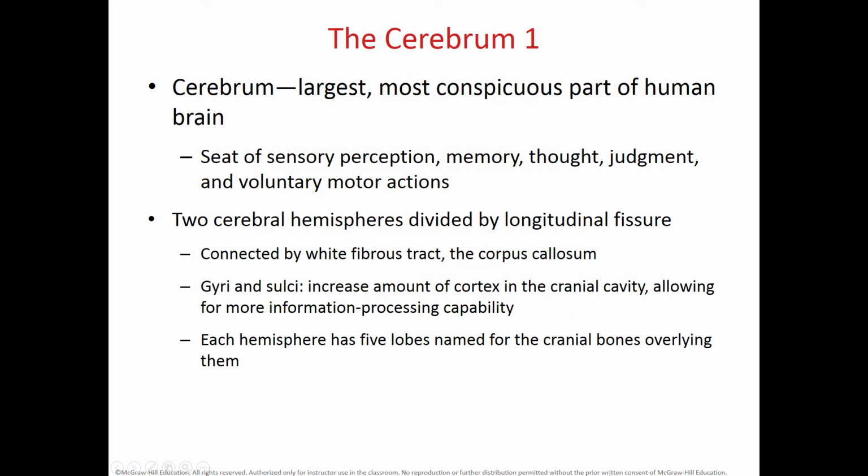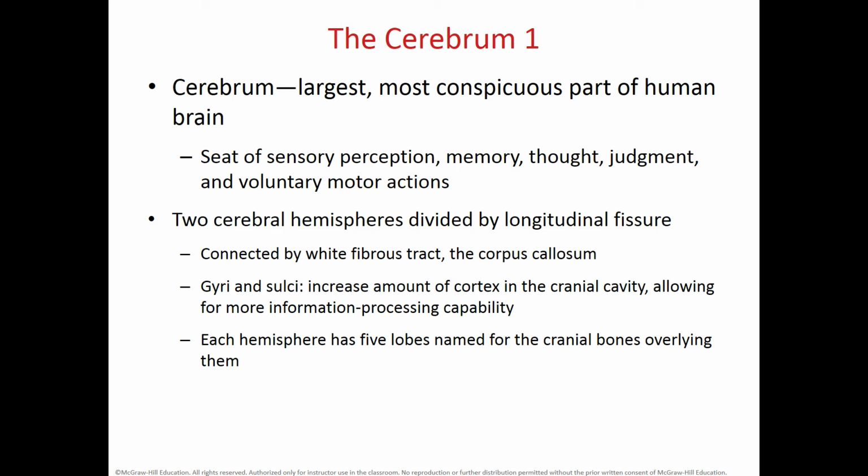Okay, for the cerebrum, this is the largest part of the brain. This is the area where we have sensory perception. We have regions of the cerebrum that are related to storing memory as well. We process thought there, judgment, voluntary motor actions.